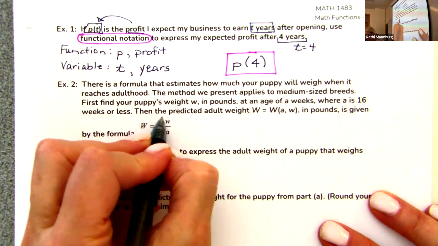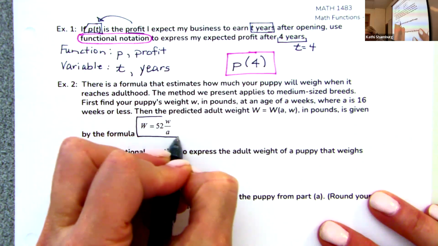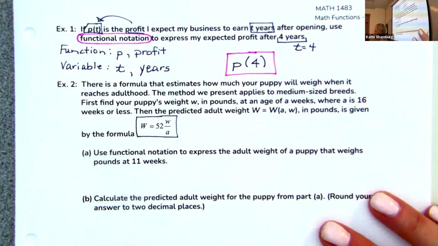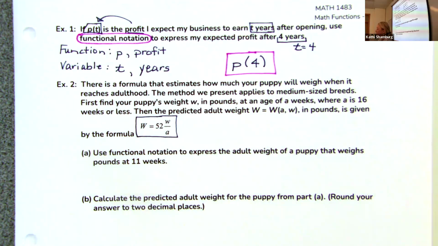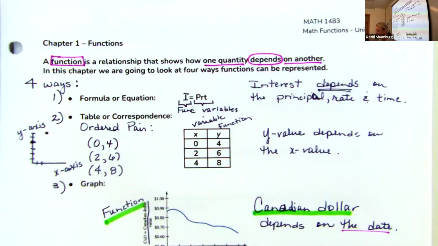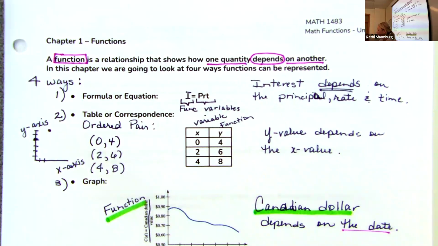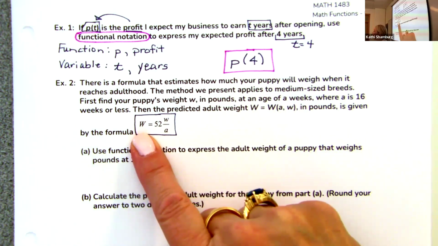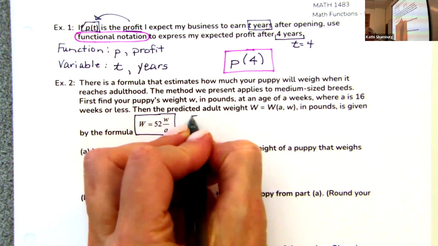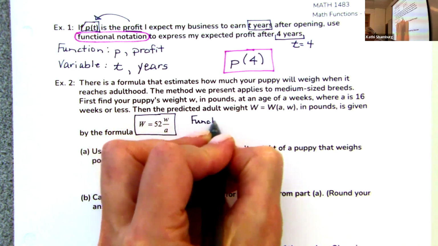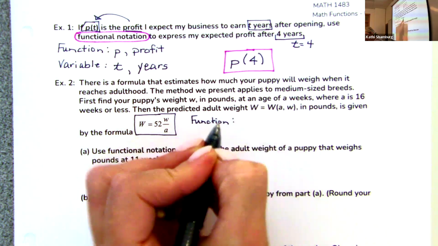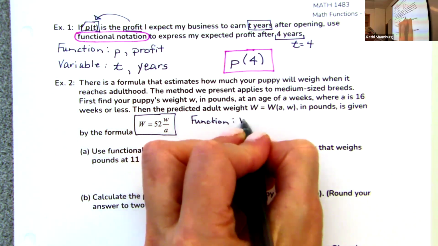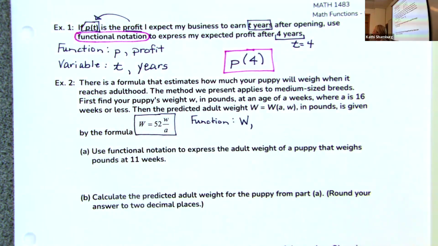So first, I'm given this formula right here. All right, y'all, we talked about formulas back here with this example. So if I'm looking at the formula right here, what would you say W is? Function or variable? Function. Function is always first. All right. So just based upon the formula they gave me, I can define function as W. Now I've got to know what that is.